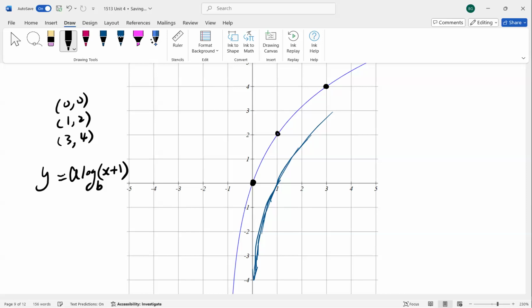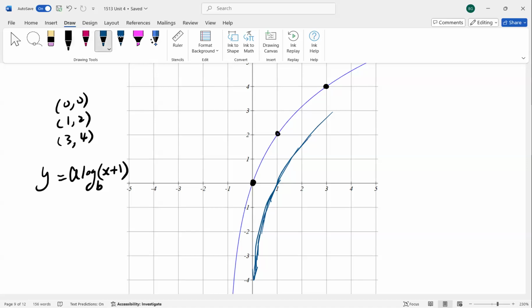And maybe it's also vertically stretched. We don't know, we have to figure it out. So I'm going to put a coefficient in front of the function. Coefficient is a, base is b. The argument should be x plus 1 because it seems it shifted to the left 1 unit from a basic log function. Now we're going to use the given 3 points to see if we can find the values for a and b.